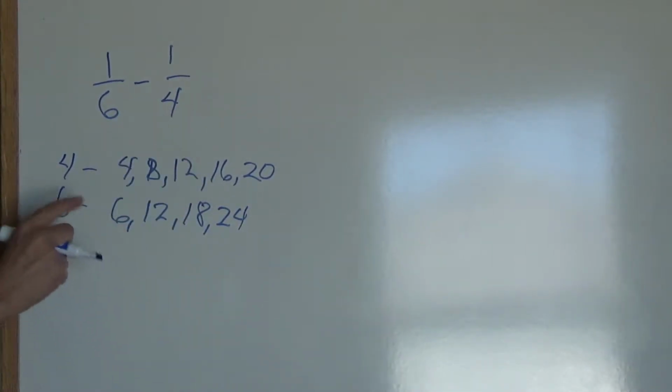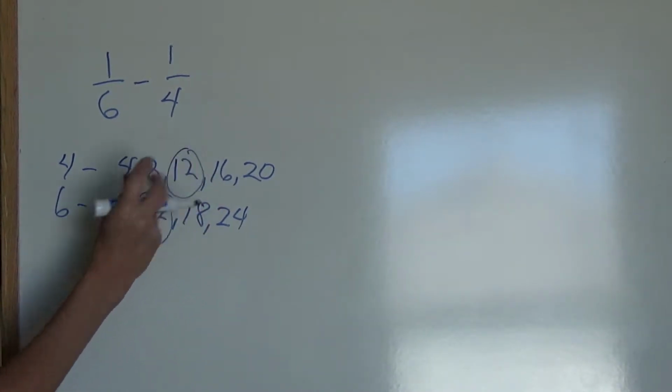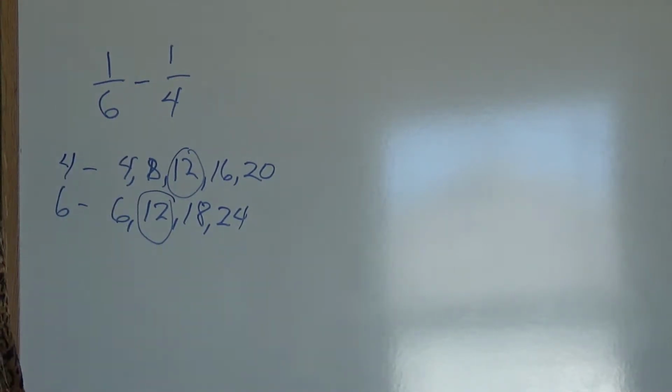Okay, remember, go for the smallest one that matches, which in this case would be 12. We're going to change our 6 to a 12 and we're going to change our 4 to a 12. Now, can we change those without changing the numerators? No, kitty cat, we can't. We have to see how that will affect the numerators as well.